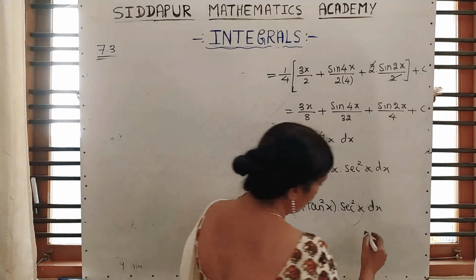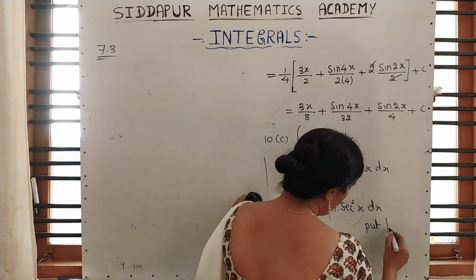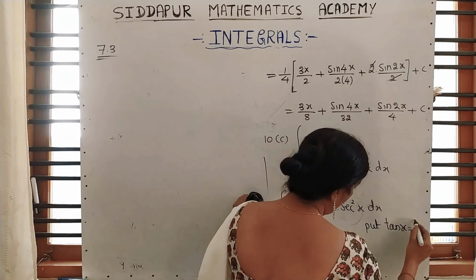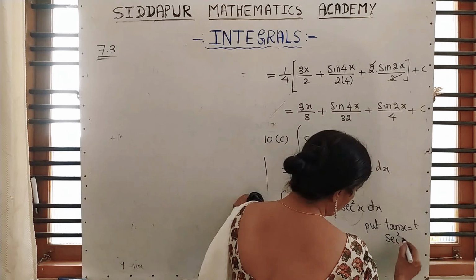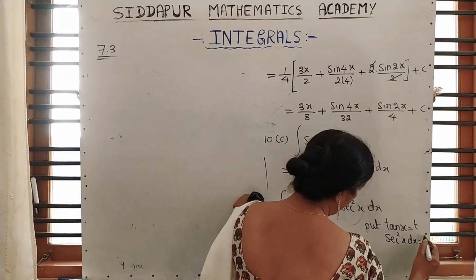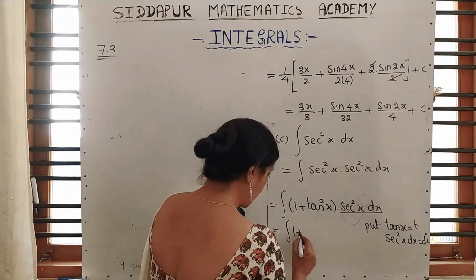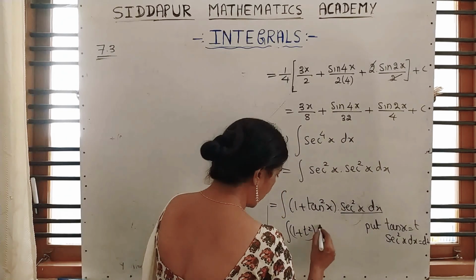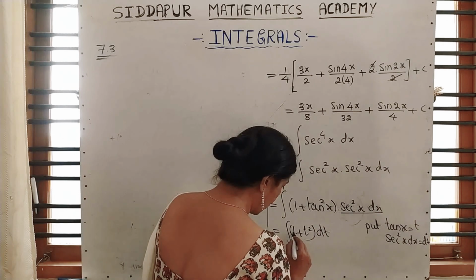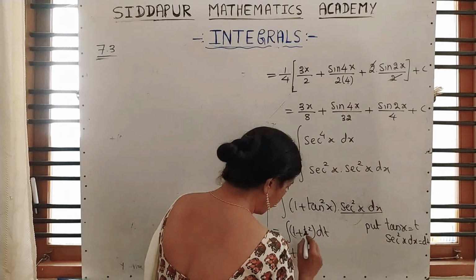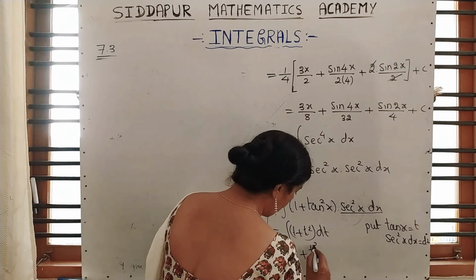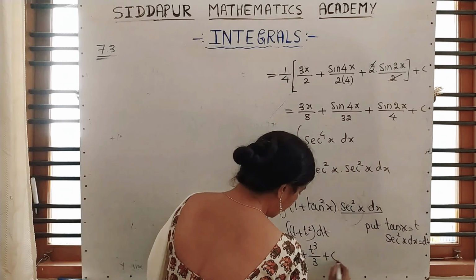Now the substitution is, put tan x is equal to t. Differentiation of tan x is secant square x into dx is dt. This value is dt. It is 1 plus t square into dt. Integration of 1 with respect to t is t. Integration of t square is t cube upon 3 plus c.